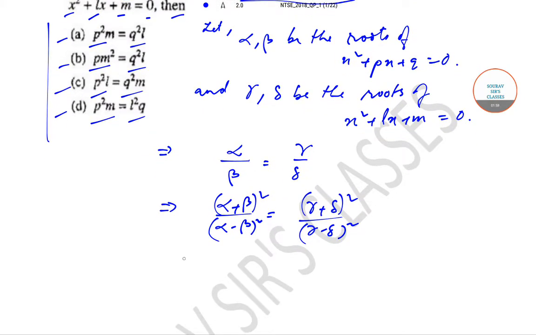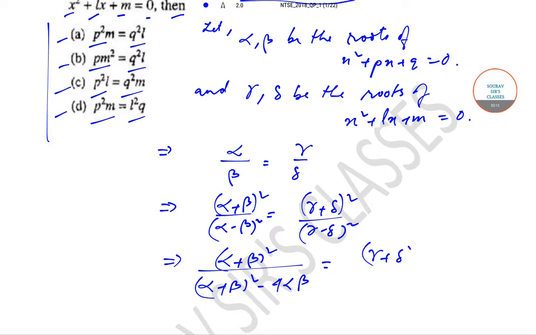So this can be further written as alpha plus beta whole square upon alpha plus beta whole square minus 4 alpha beta, and this will be equal to gamma plus delta whole square upon gamma plus delta whole square minus 4 gamma delta.